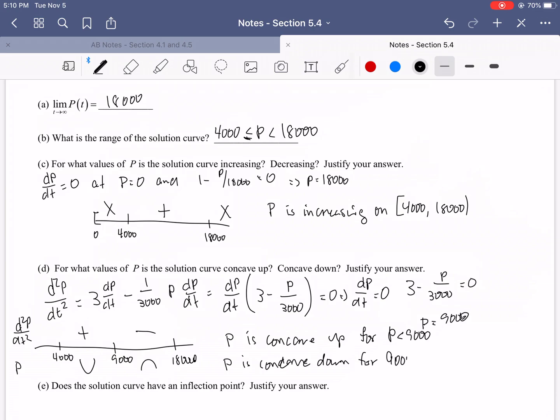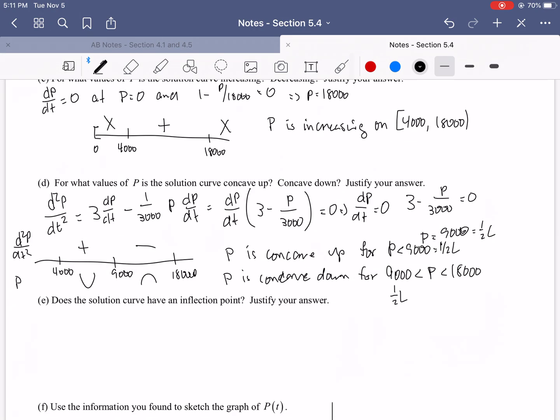So I'm going to say 9,000 is less than P is less than 18,000. Notice this 9,000 is 1/2 of L. That's where we have our point of inflection.